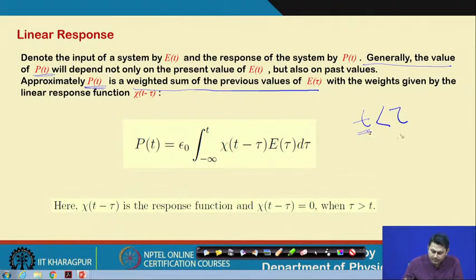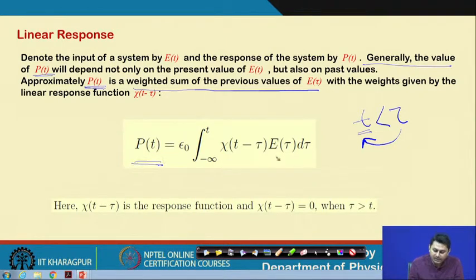Throughout the time span from tau to t, whatever electric field is there, there will be a sum of all those electric fields to give my final polarization at time t.